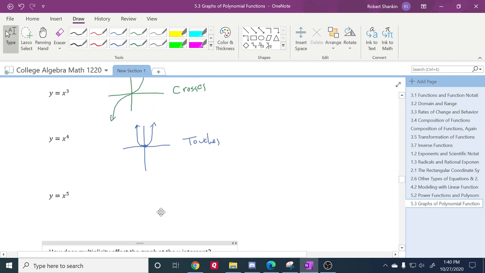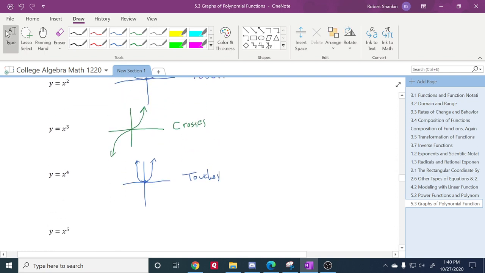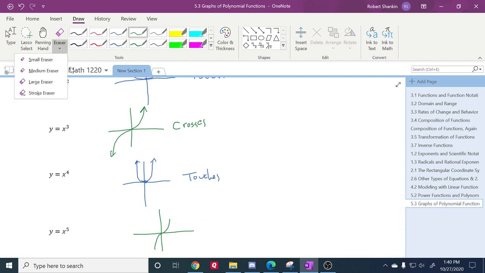y equals x to the 5th looks very much like y equals x cubed, except it rises more steeply. So it's going to be kind of like, I just kind of screwed up right at the end there.